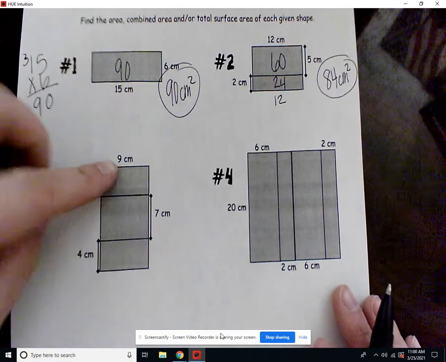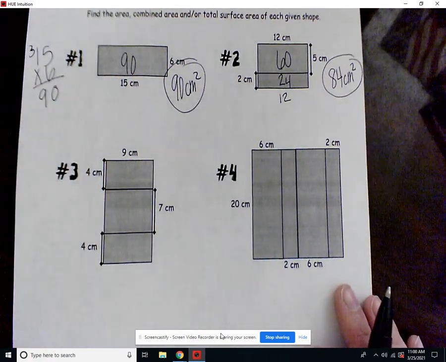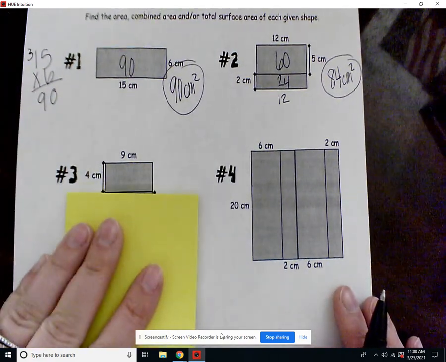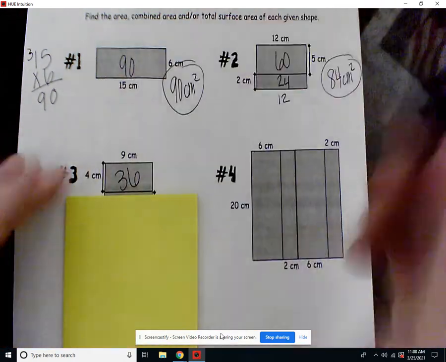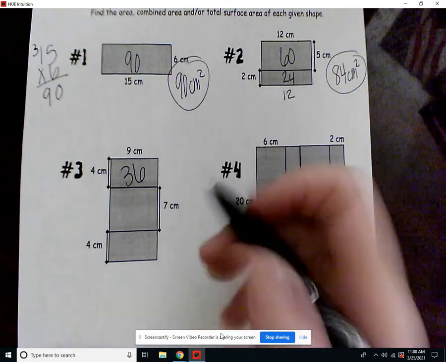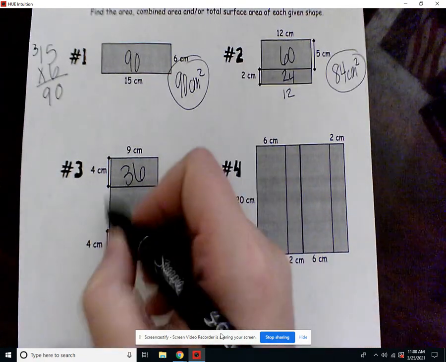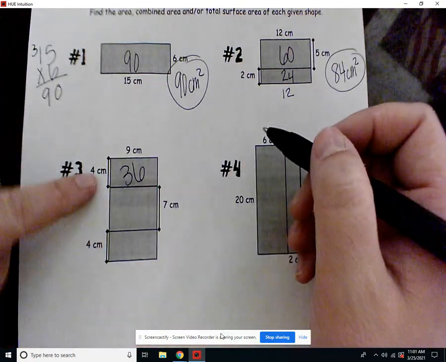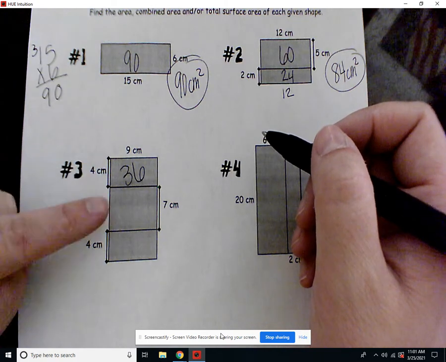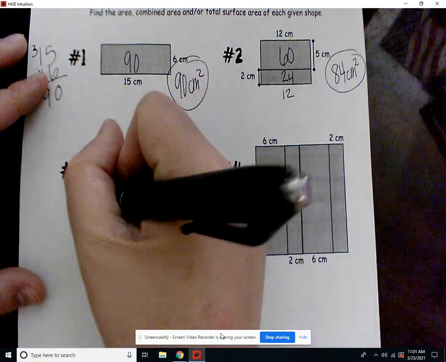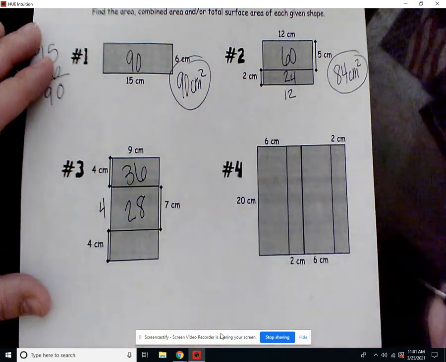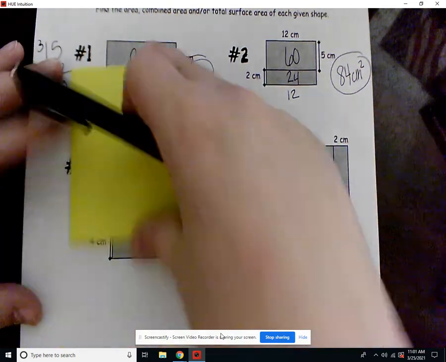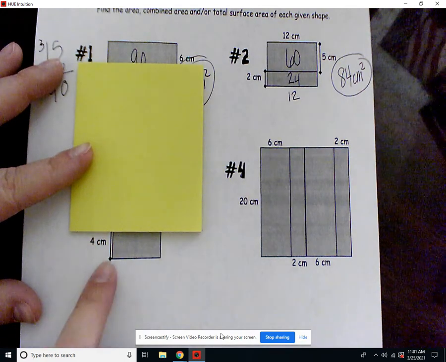All right, so number 3, this time we have 3 rectangles. So again, start with the top. That says 4, 9, which is 36. Okay, then the next box says 7, but there's not a number here. So again, look at our clues. That says 4, so that means this will also be 4. So 4 times 7 is 28. And then if we look at this, we see 4, but there's not a number on the bottom.